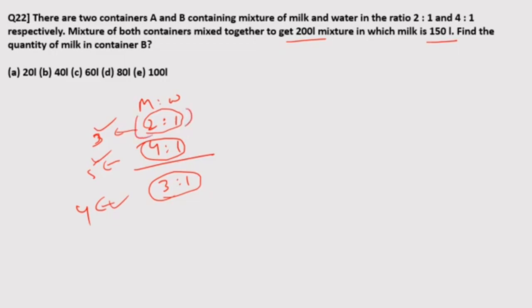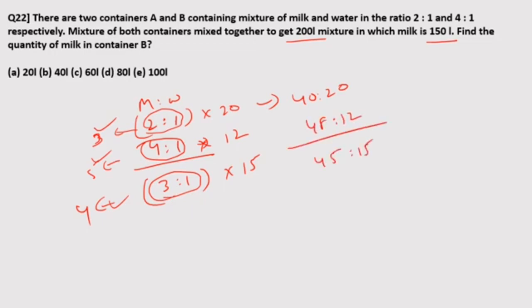So multiply the first ratio with 20, the second with 12, and the third with 15. I am getting 40 is to 20, 48 is to 12 and 45 is to 15.